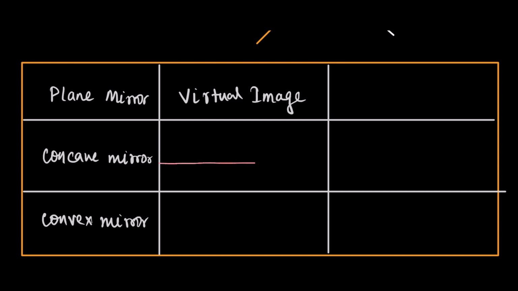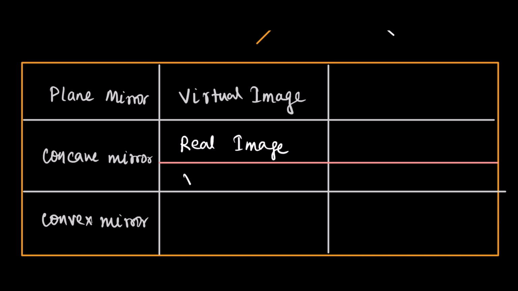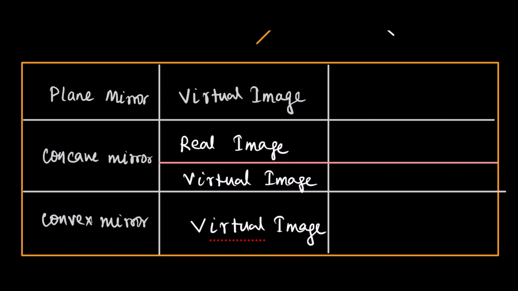Concave mirror can form real image and virtual image. But convex mirror always forms a virtual image. Okay, I understood. Plane mirror can form virtual image. Concave mirror can form real and virtual image. Convex mirror can form virtual image.